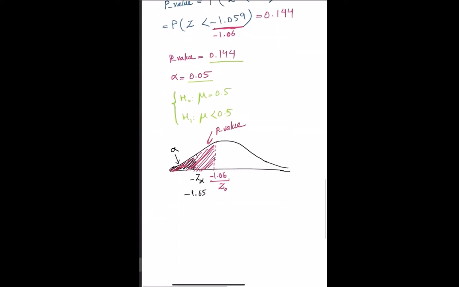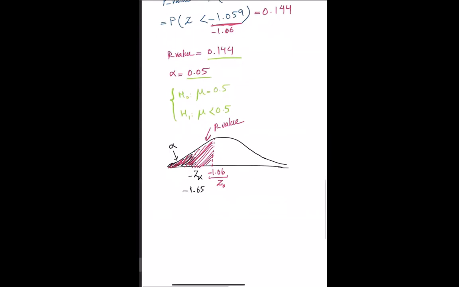Now, if the p-value is greater than alpha, which is the case here because the p-value is the red area and alpha is the black area, then we are in this blue region. And this blue region is the fail to reject H null region.